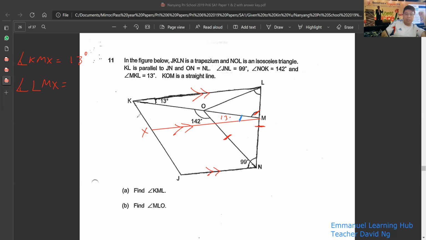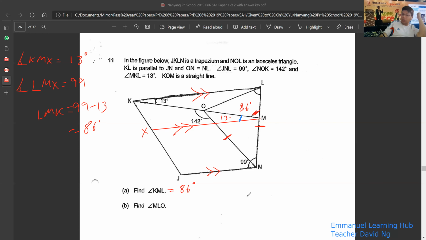You're telling me LMK, is it? Yes. 99 minus 13 is 86. Okay, this is 86. LMK and KML mean the same angle.